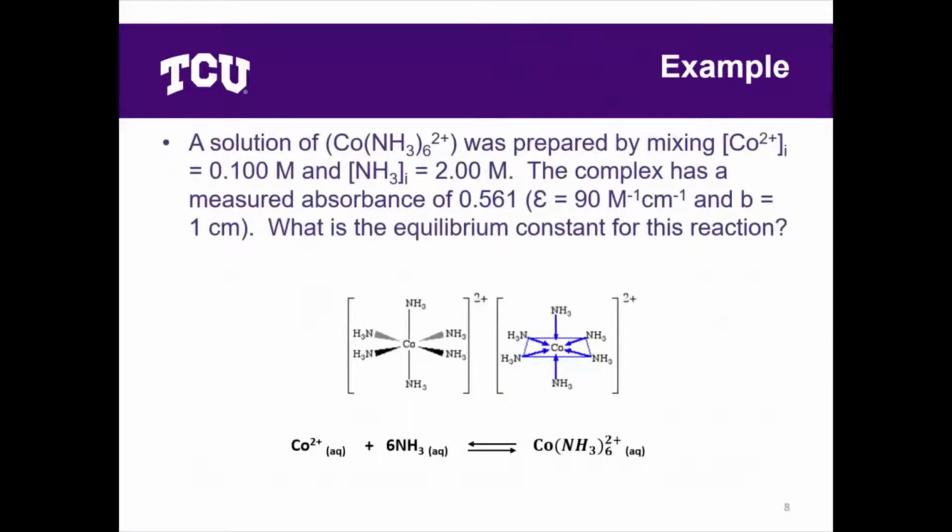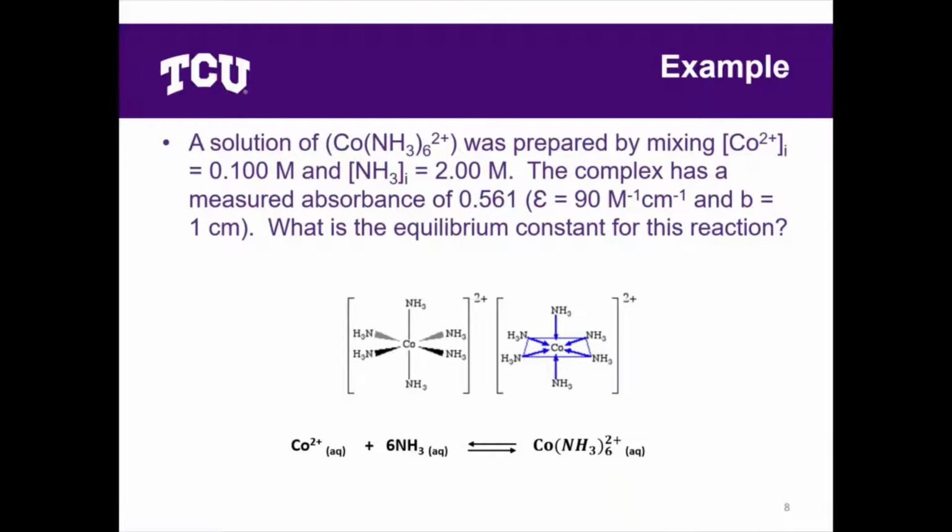So let's go ahead and work an example. A solution of cobalt ammonia complex, Co(NH3)6 2+, was prepared by mixing cobalt 2+, which had a concentration of 0.1 molar, and ammonia, which had an initial concentration of 2 molar. The complex has a measured absorbance of 0.561, epsilon of 90 per molar per centimeter, and path length of 1 centimeter.